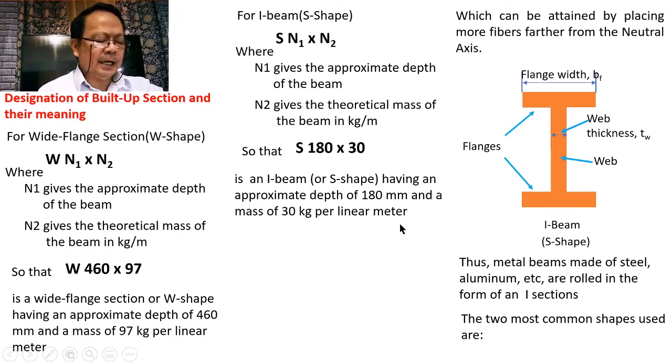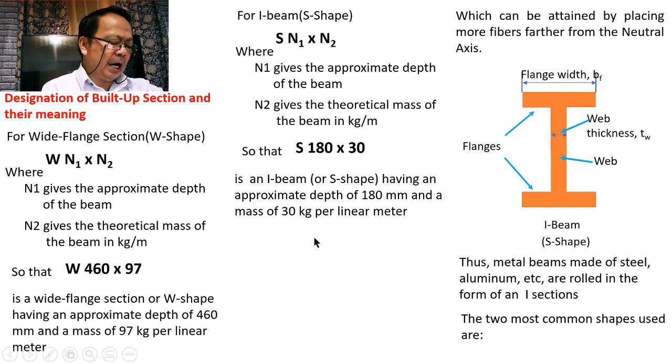And when we say economic section, since our materials are bought by weight or by mass, therefore what we use is the lightest. Whichever section is the lightest, that is what we use as equivalent to the most economical. Because if you are providing the lightest section, it can be purchased at the minimum cost, and therefore you will have the most economical section.